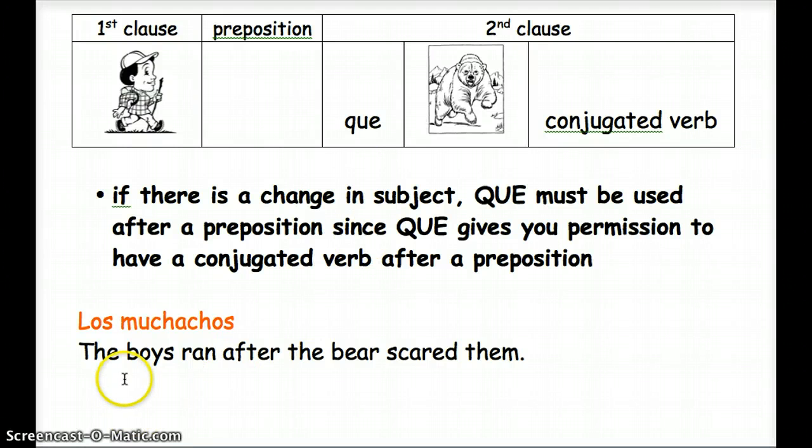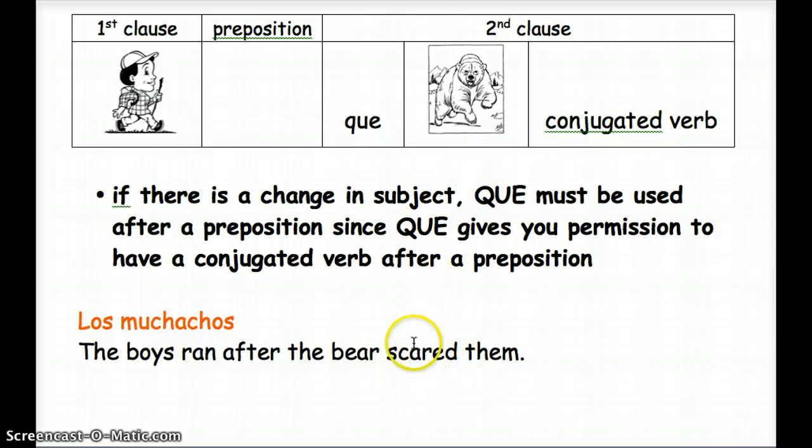So here, the boys ran after the bear scared them. Let me reread that. The boys ran after the bear scared them. So the boys were the subject, or is the subject of the first clause, the first mini sentence, and the bear is the subject of the second mini sentence.